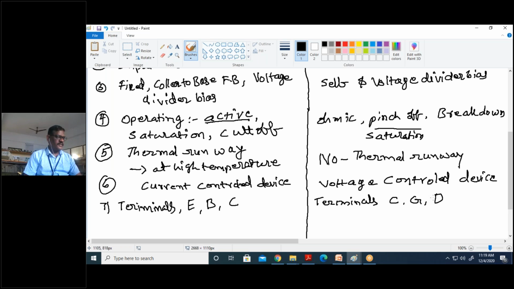And input current: in BJT, every time in milliamps. In JFET, nanoamps.